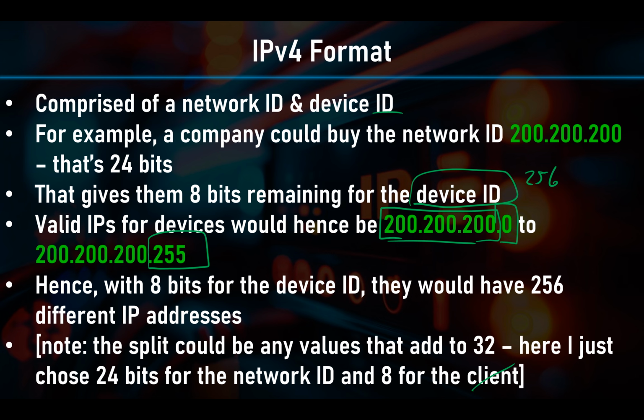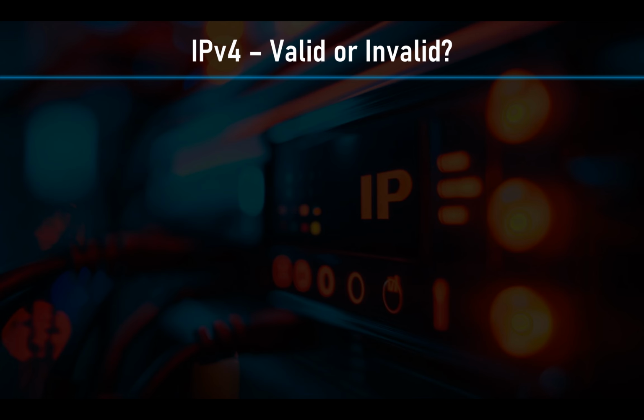However, you could have 28 bits for the network ID and only 4 bits for the host ID or device ID. That's going to depend on how many devices you actually need in the network. Again, we'll look at that later.